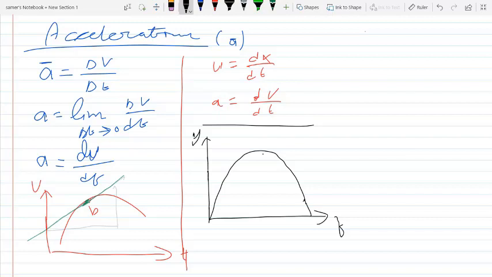So this object starts from zero position, zero height, and then its height is increasing and reaches a maximum at some point here, some point B. It reaches maximum, then the height is decreasing back to zero. Can we sketch the graph of velocity from the graph of position?